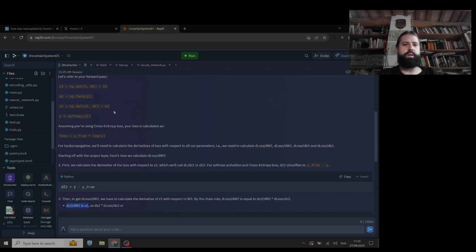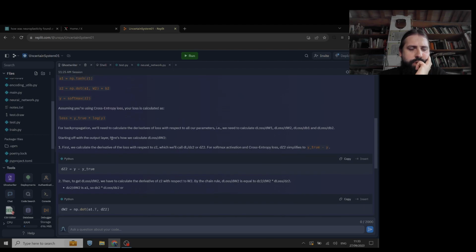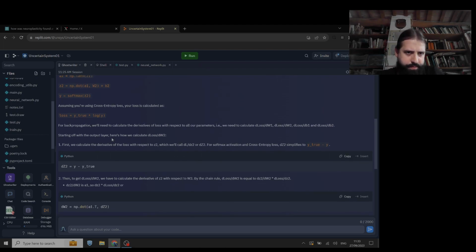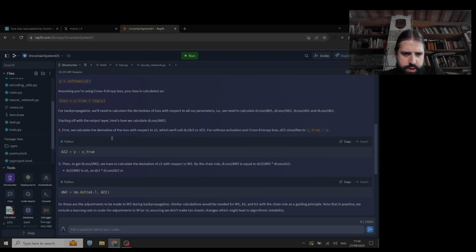Like, if we were not working with tensors, this would be z2 equals a1 times w2 plus b2, and then obviously the variable is w2, and so the derivative is just a1. Does this work like that? Okay, maybe it does. I didn't know that. It's a dot product, so I don't really care.